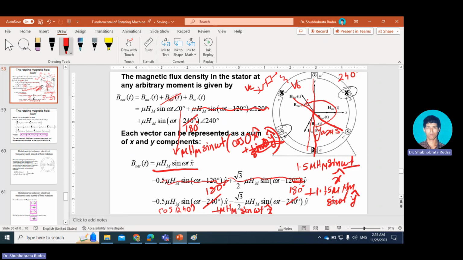You don't have any constant variation in terms of x-axis, y-axis. But what you are having, the resultant is continuously oscillating. And in which axis the resultant is oscillating, we can think about that also. See, this x, that is 1.5. Let me clear this one.